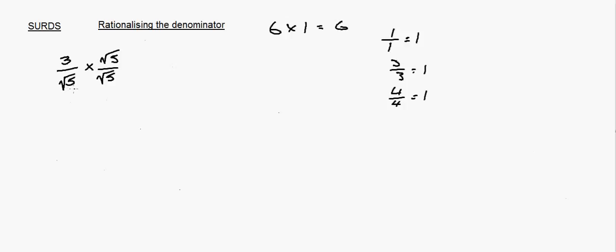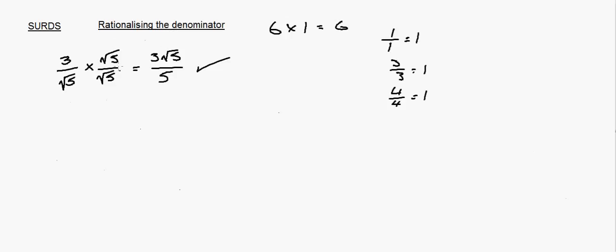If this had been root 7, I would have multiplied by root 7 over root 7. Now I know this, root 5 over root 5 is 1, it doesn't alter the value of this. So 3 times root 5 is 3 root 5 over, now root 5 times root 5 we do know is 5, and there we've rationalised the denominator.